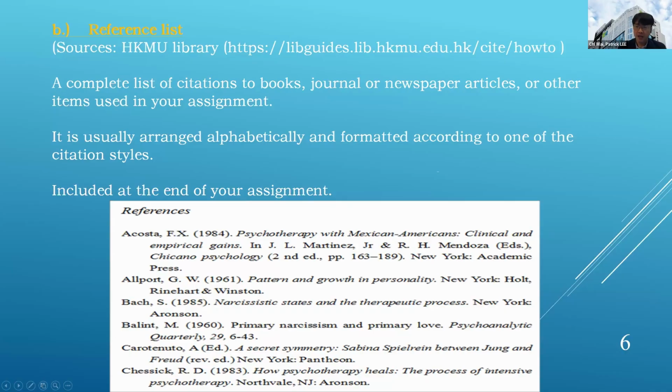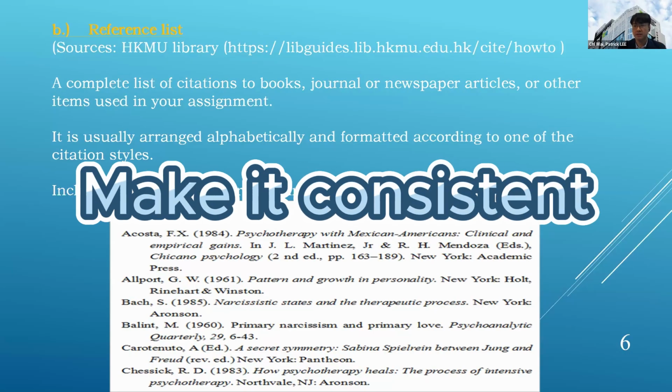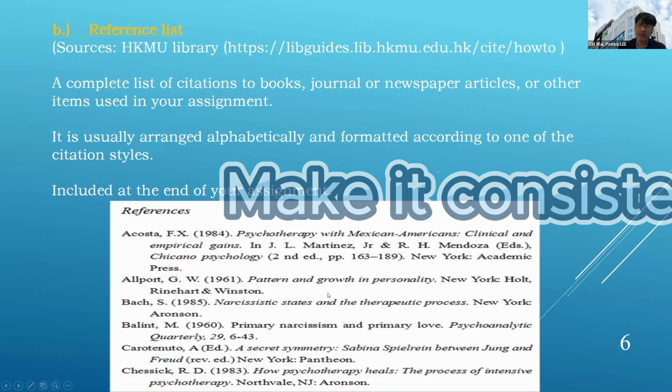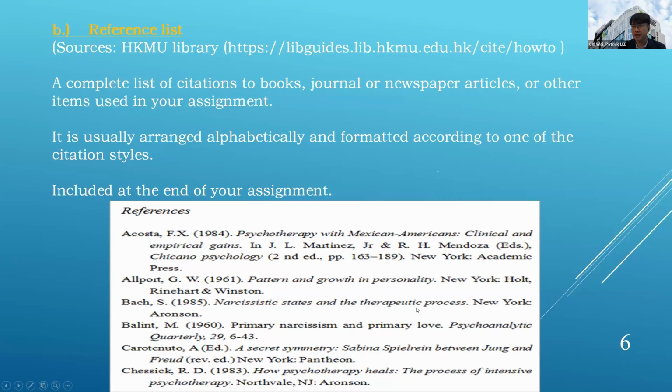You understand what I mean? Don't use capital letters for every word in one entry and then a different style in another entry. So not random. We have to follow the style consistently. All right, so bear with me. I'm using this example here as a kind of reference sample.